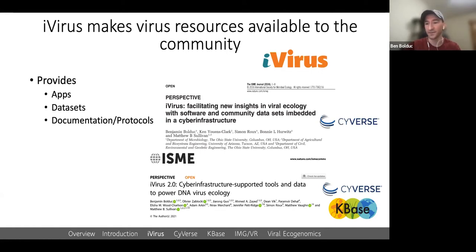Most recently, we published this just last year on KBase. So if you go to iVirus, you go to KBase, you'll be able to process viral data sets thanks to the efforts of iVirus and those iVirus partners that have contributed to those resources.